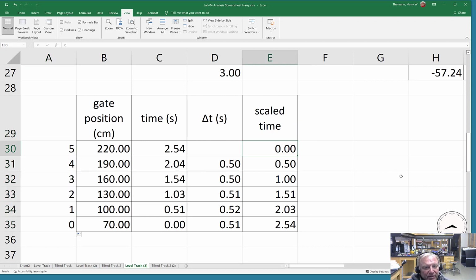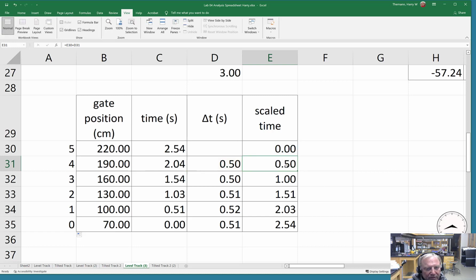But anyways, I'm going to say that when I'm at gate 5, I want it to match up with the first measurement. So I know that I want that to be time 0. And then all I have to do is I know that half a second passes, so I just add that half second, which is D31, to the time before.